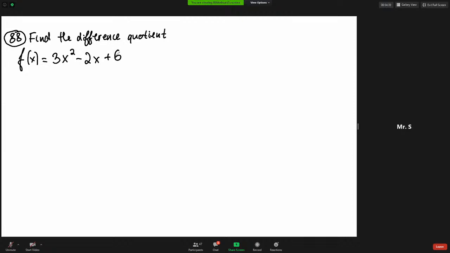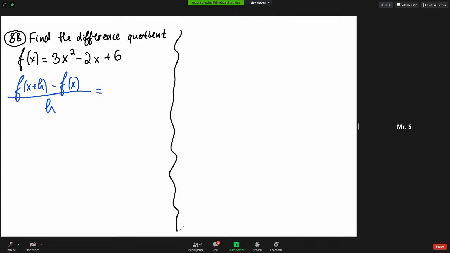So again, as we mentioned, the difference quotient is defined to be f of x plus h minus f of x over h. But we'll do this with a little bit of scratch work, and I hope I can have enough space to fit it all. So the first part is I'm just going to find what is f of x plus h. All I have is my function f, and I want to evaluate it at this input, which is very similar to what we just did in the previous example.